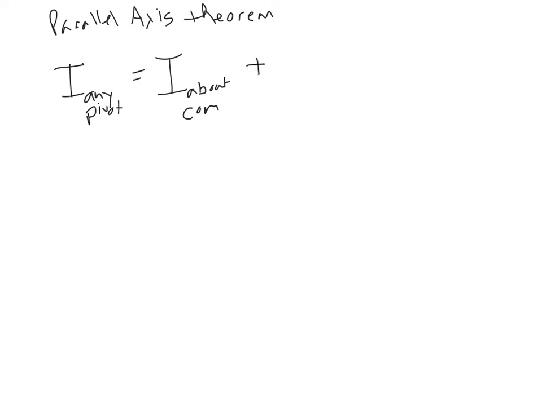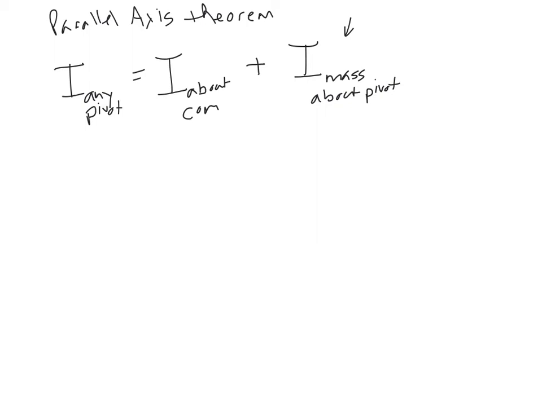And then you add the rotational inertia of the mass about the pivot. Basically, what this means is that you just treat the object that's rotating as a point mass going around the pivot, where the mass is located at the center of mass.